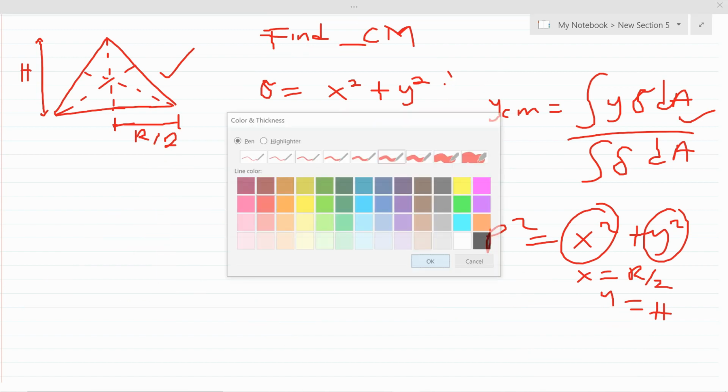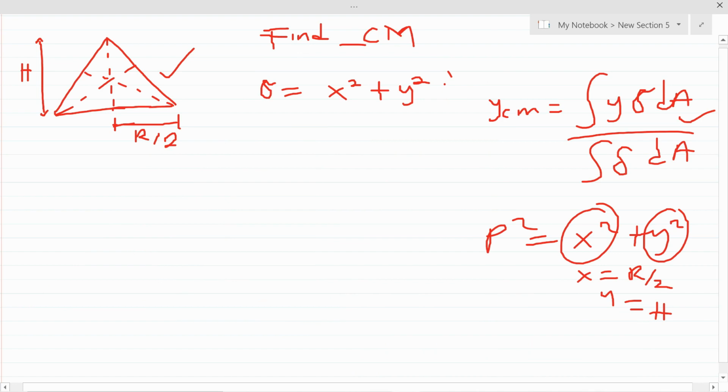Now the density formula is given by this, but in effect it is the same as the hypotenuse squared. We are saying that when x equals r/2, our y is equal to h, from the right angle triangle that we got from the triangle lamina.